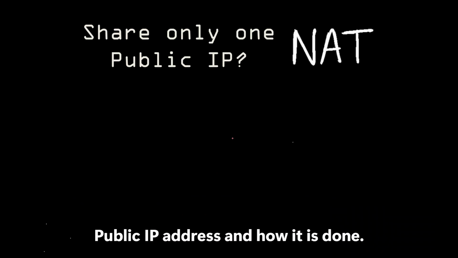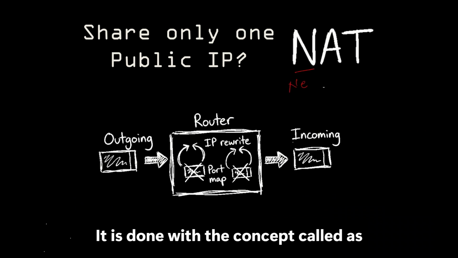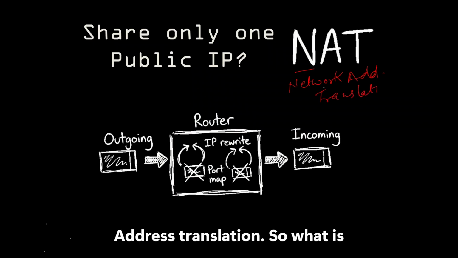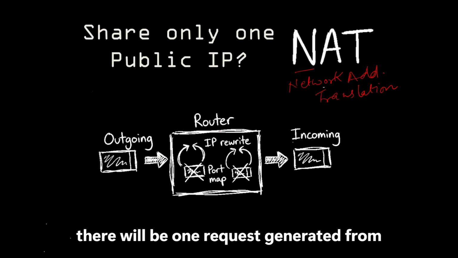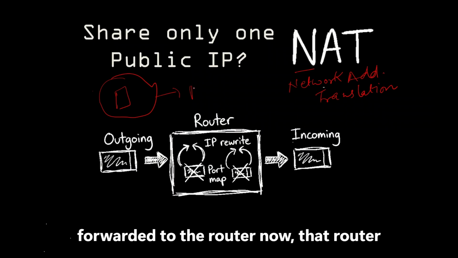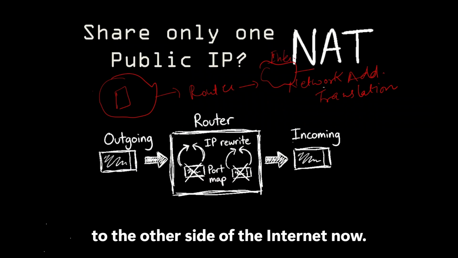So why only one single public IP address, and how is it done? It is done with the concept called NAT, which stands for Network Address Translation. So what is network address translation? Whenever one request is generated from one device within the same network, it is forwarded to the router, and the router forwards that request to the other side of the internet.